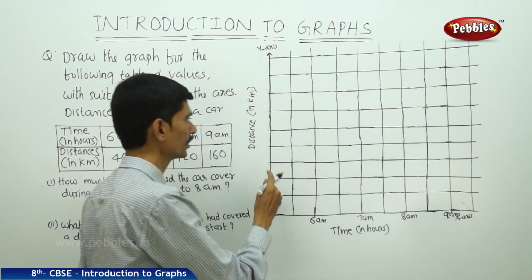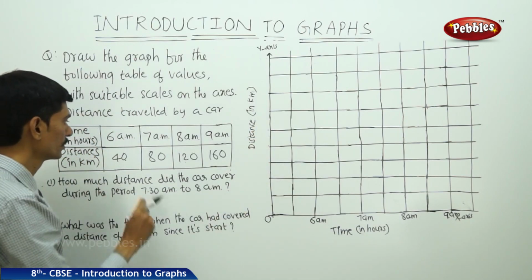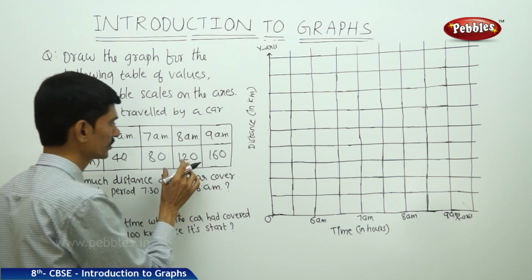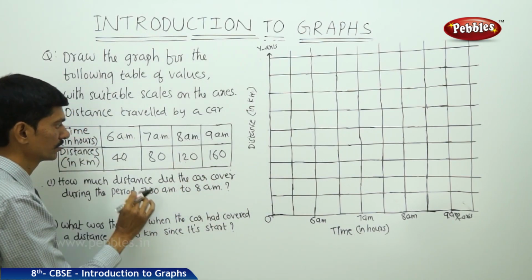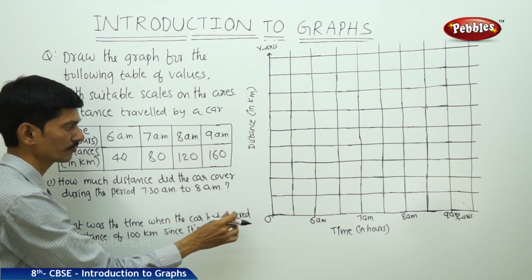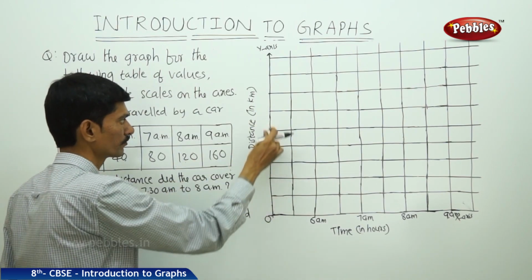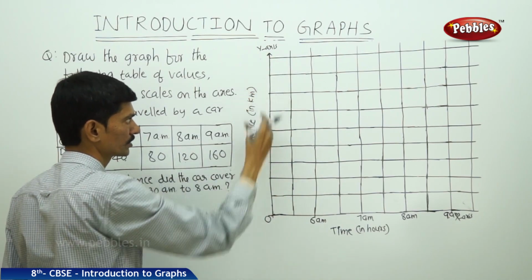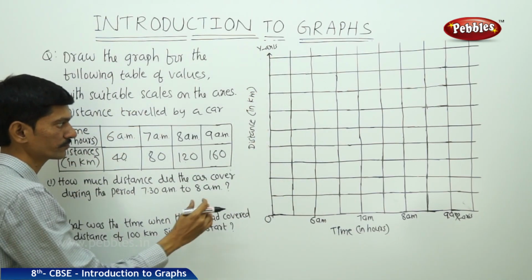On the vertical axis, the y-axis, we will take the multiples of 20, because the largest value in the table is 160. So the maximum distance covered by the car is 160. If we take the multiples of 10, we have to take 16 units, but there are not that many units, so we will take the multiples of 20.